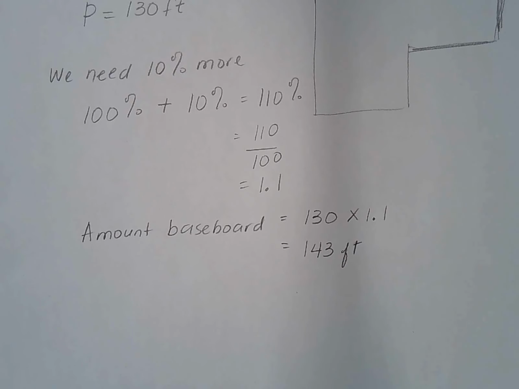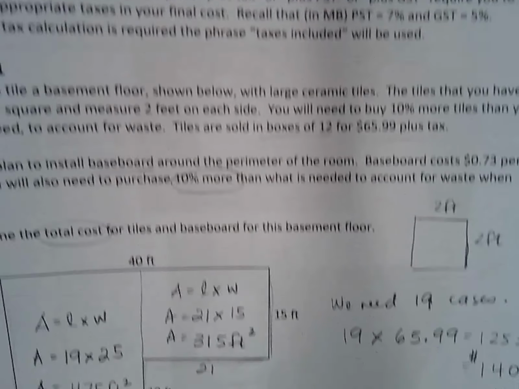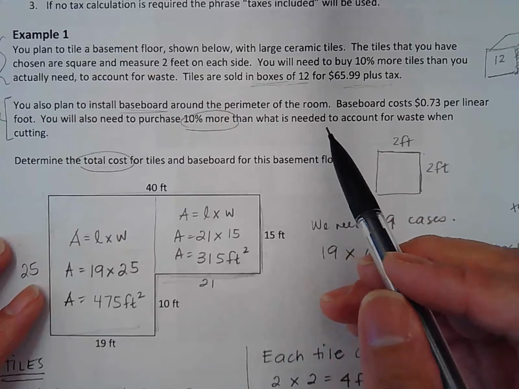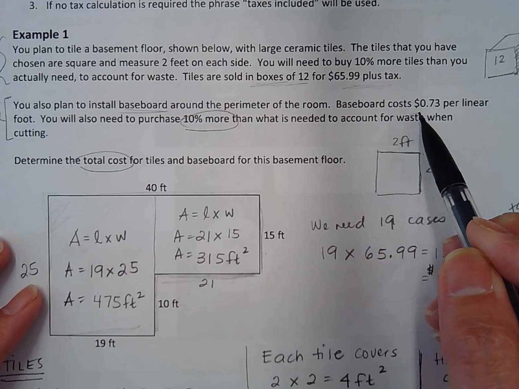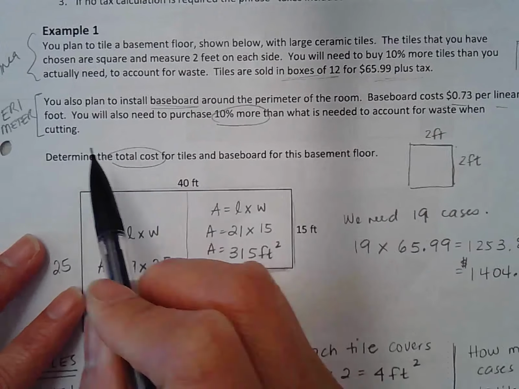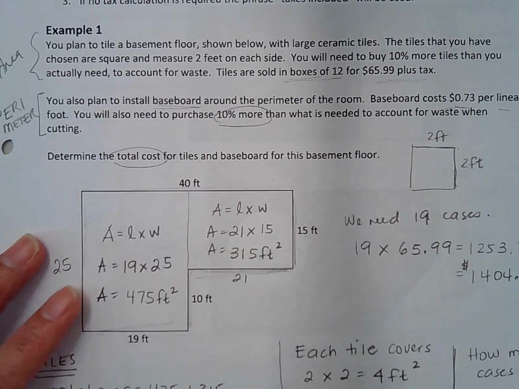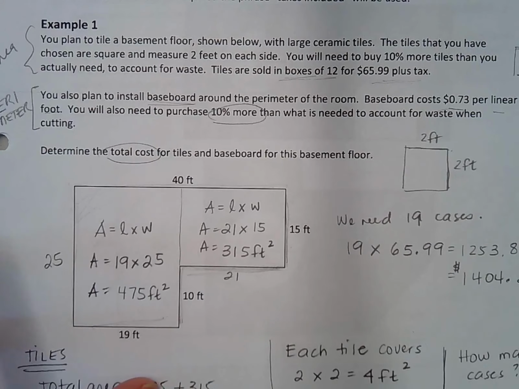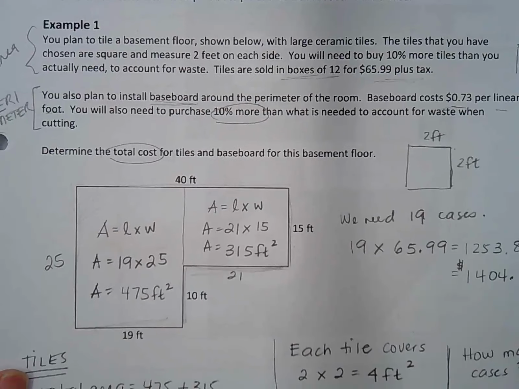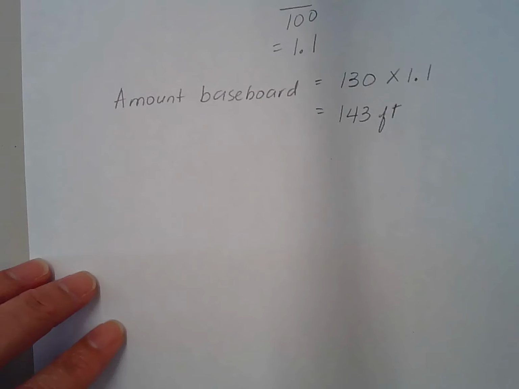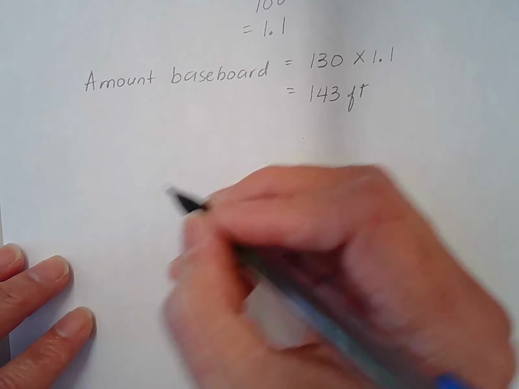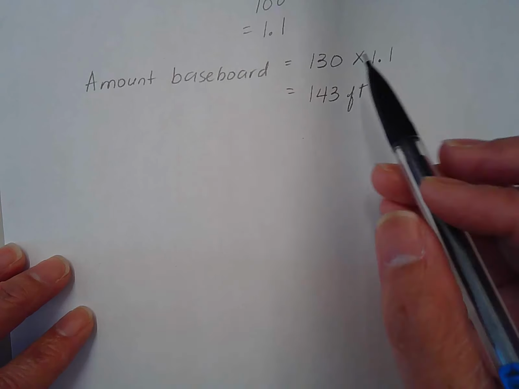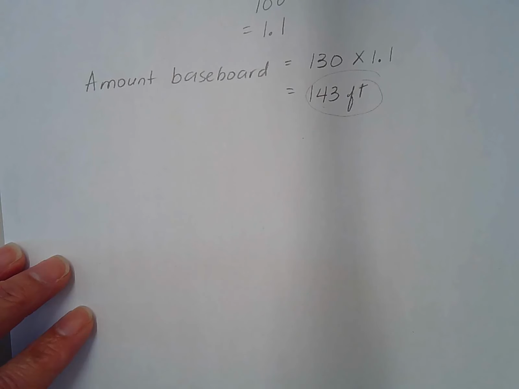Okay, what else do we need? It says here, okay, let's see here. The baseboard costs 73 cents per linear foot. Now we have to buy a whole foot, right? Per linear foot. So we're going to need 143 feet, right?